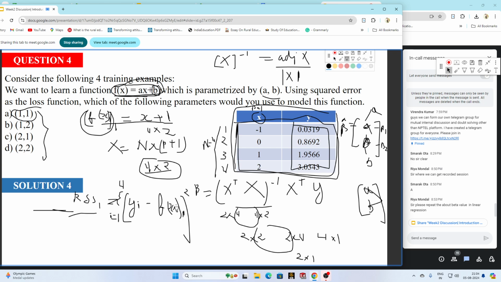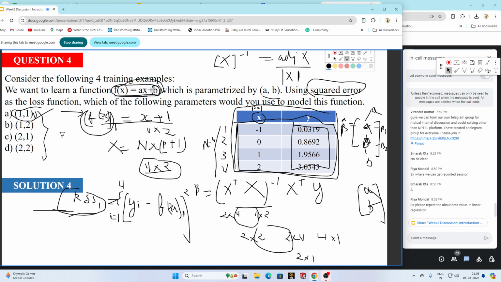But in machine learning, we know that we are always interested in squared error. Okay, squared error, that is why yi minus fxi squared. So we will do this for all the data points. That means for the first data point, second data point, third data point, and fourth data point. So we will find out RSS1 by this equation.